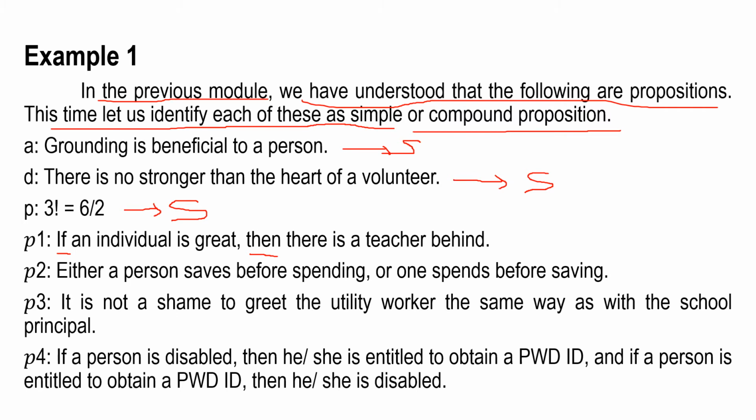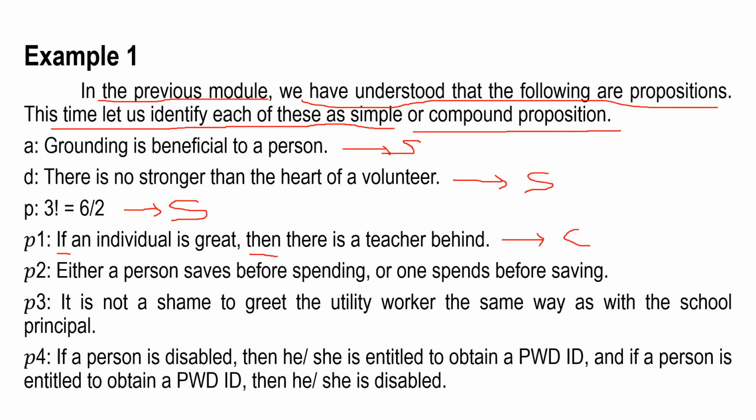What we need to do is identify whether they are simple or compound propositions. So by simply assessing the given proposition under P sub 1, there is a logical connector there, and that is the if-then. So we simply use logical connectors. That's why this P sub 1 is a compound proposition.